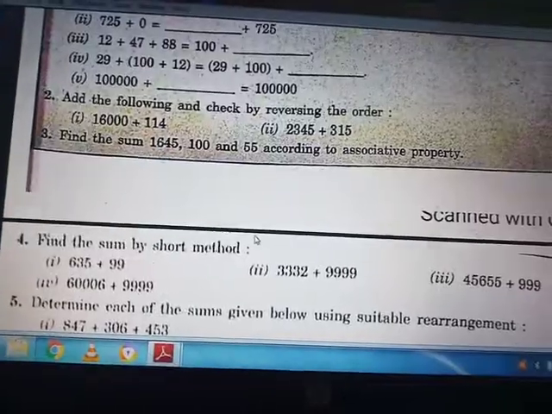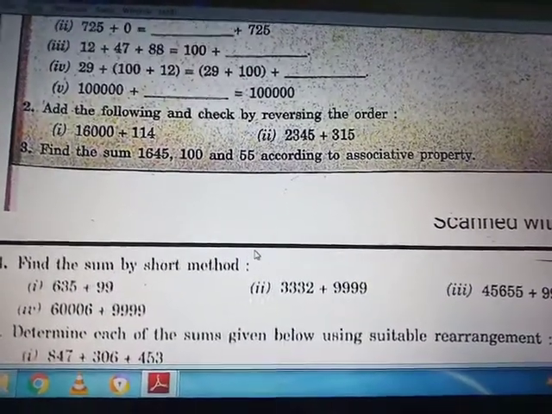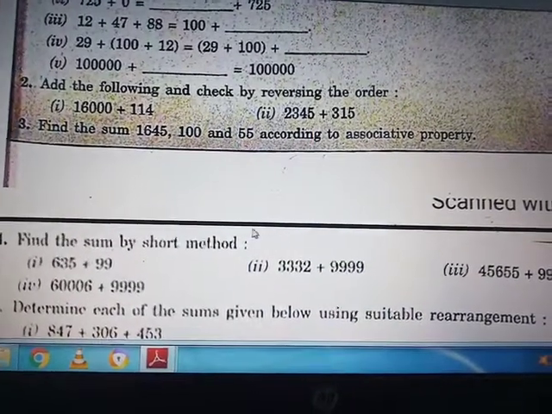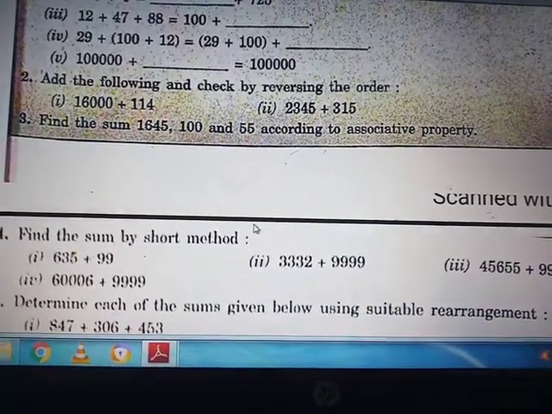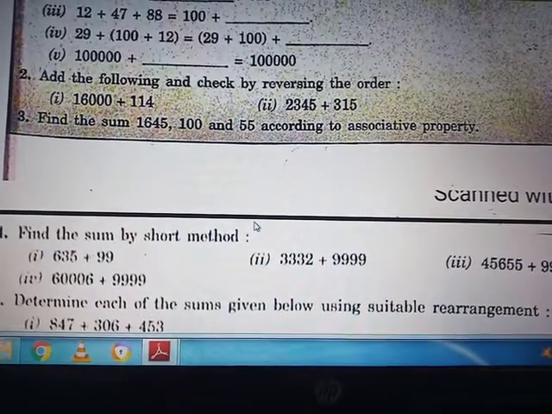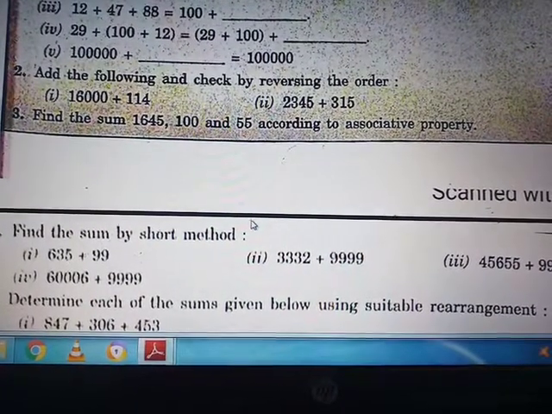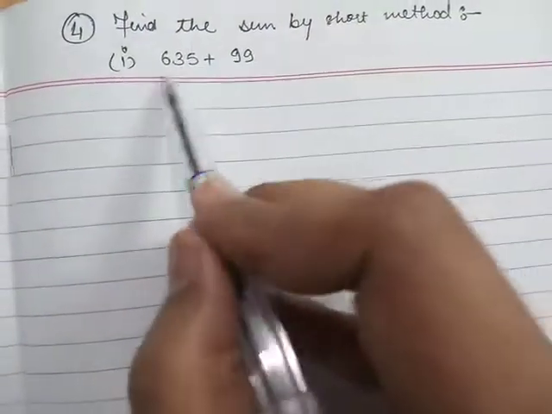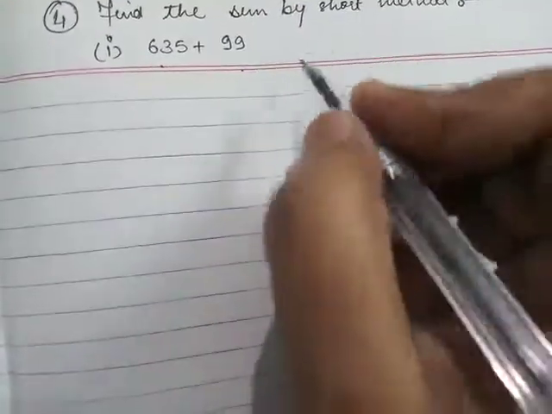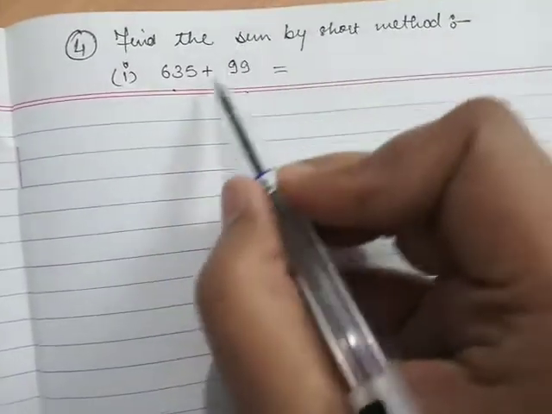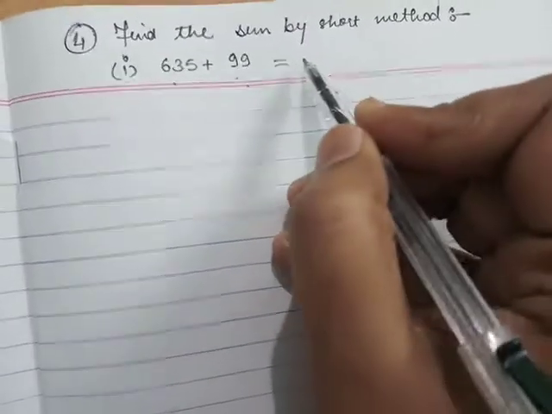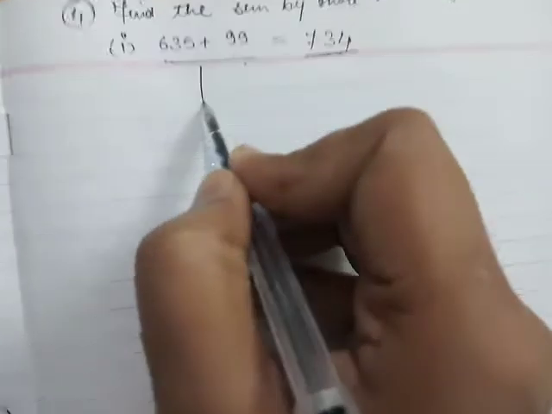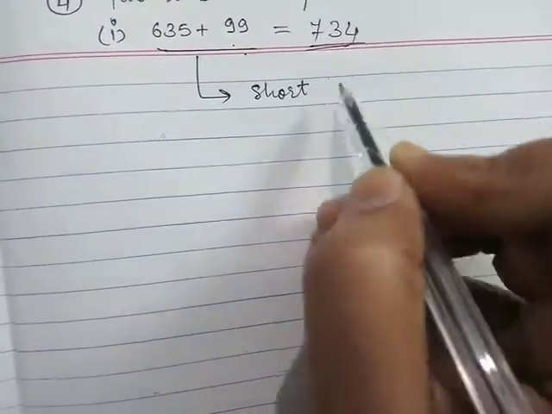Now our fourth question is: find the sum by short method. First we should know what the short method is. The first part of this question is 635 plus 99. If you add these numbers simply, you will get 734. But the question is about the short method.